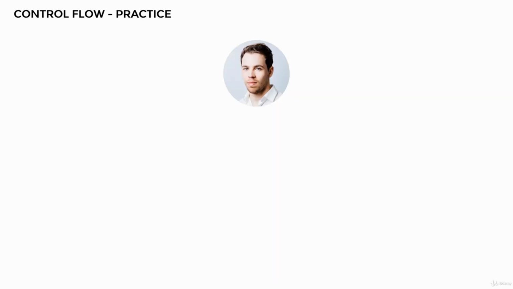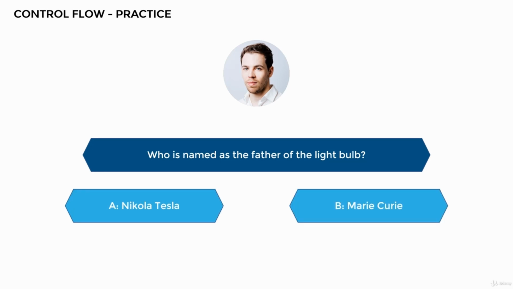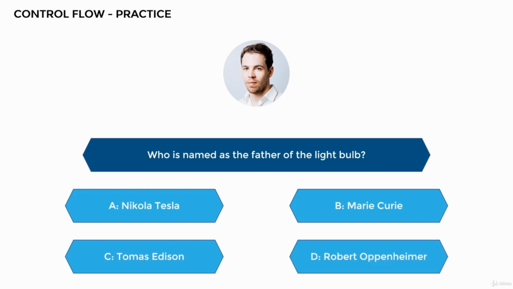Now let's move on to my question for $1. The question is, who is named as the father of the light bulb? A. Nikola Tesla, B. Marie Curie, C. Thomas Edison, or D. Robert Oppenheimer? Your task here is to create a new class WhoWantsToBeAMillionaireApp, define a variable with the right answer, print out the question, then your answer.